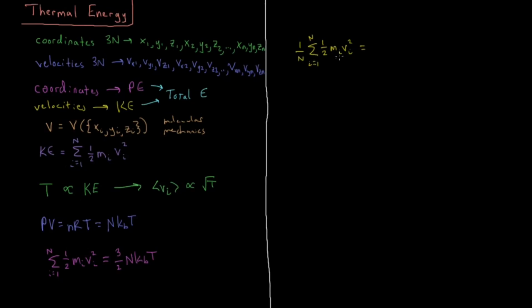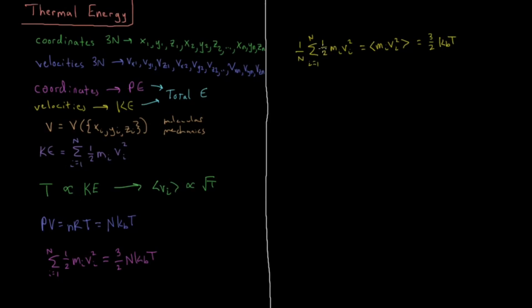So this is actually the average kinetic energy of a specific atom. So I'd say the average value of 1/2 m_i v_i squared, in the brackets noting expectation value or average value, equals 3/2 kT. I moved the n to the other side.